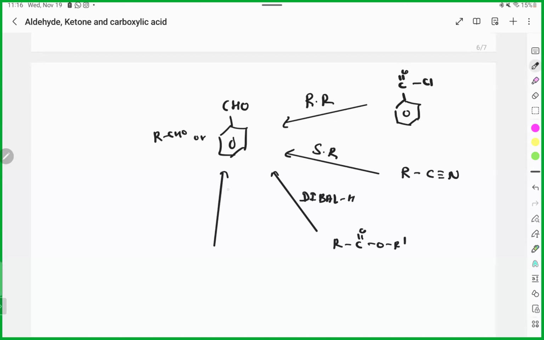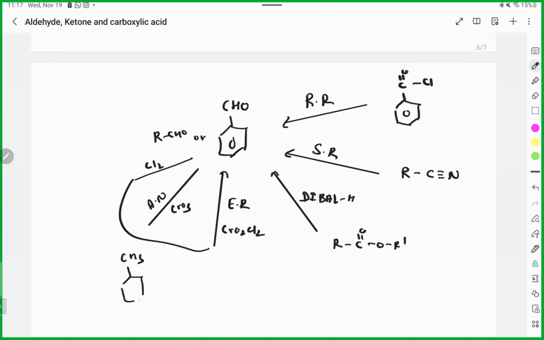Fourth, Étard reaction, and you will use chromyl chloride. You can use chromic acid and acid anhydride, or you can use chlorination. In all three reactions, the reactant will be this. And last, CO and HCl, Gattermann-Koch, from the benzene ring. Preparation is done, guys.